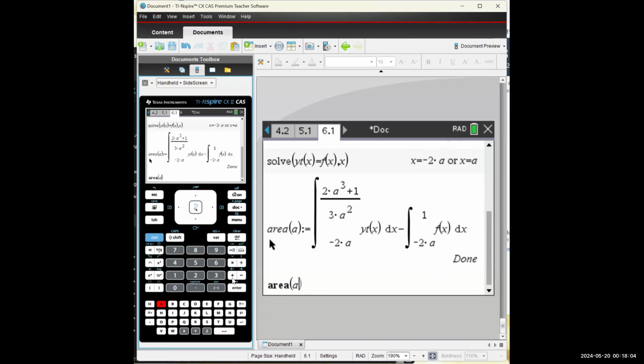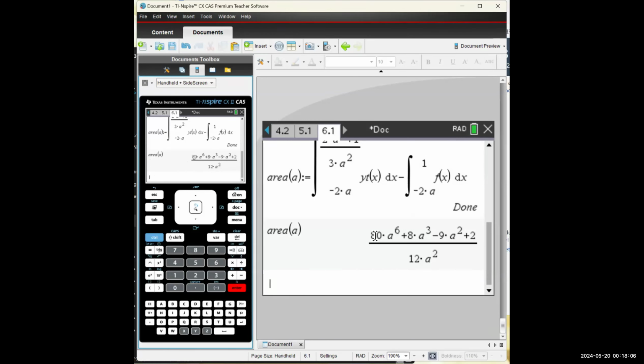And area of A is this thing here. So you can just copy that down for part D: 80a to the power of 6 plus 8a to the power of 3 minus 9a squared plus 2 divided by 12a squared. And find the minimum.